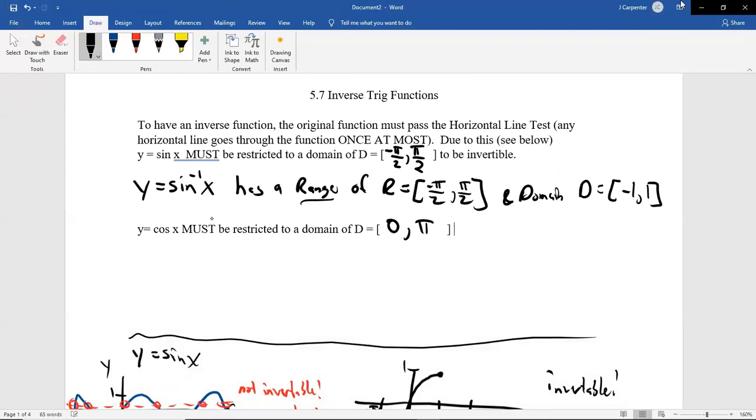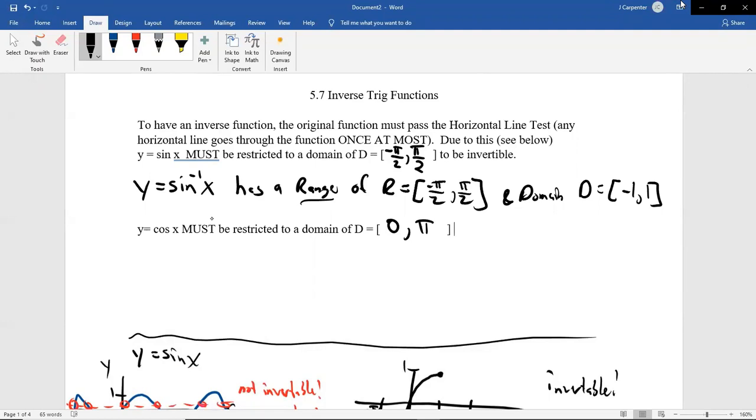Of course, it's not the same as sine. Why would it be, right? They always have these subtle differences, and you're not going to remember them without practicing this stuff over and over, taking notes, reading them over, going back to them, highlighting stuff, whatever. So cosine must be restricted to a domain of 0 to pi.